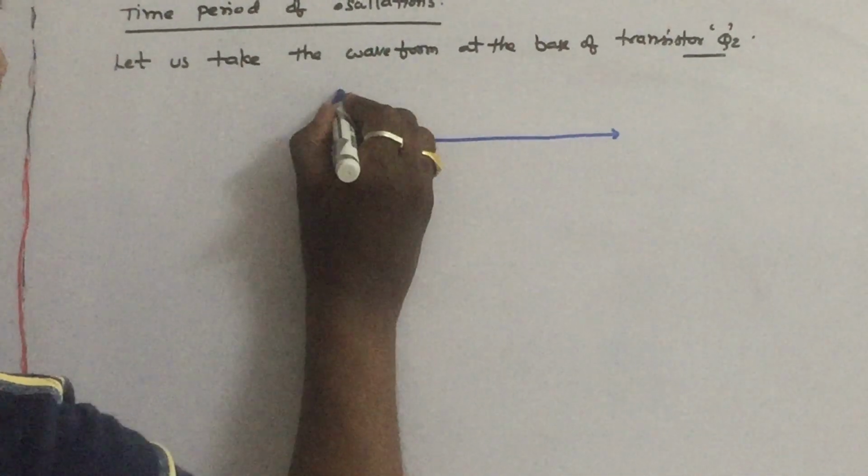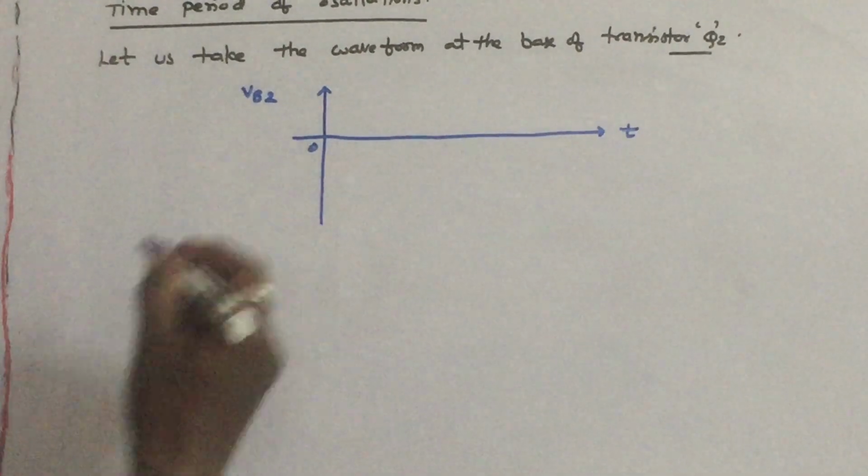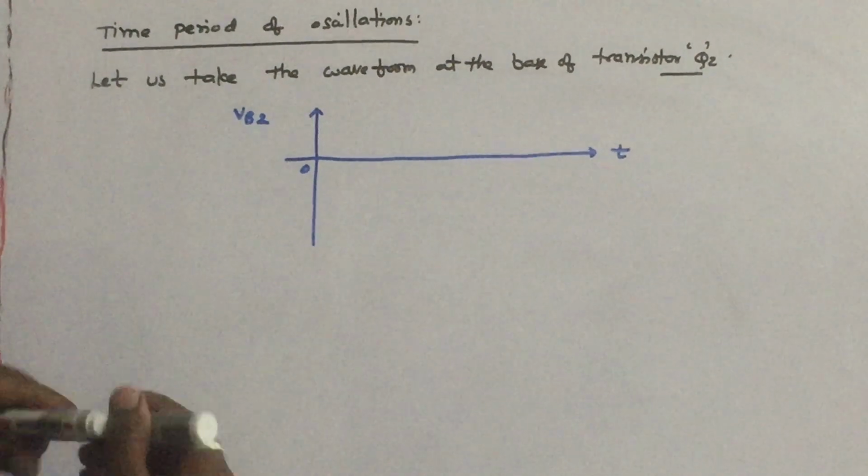So this is 0, this is the VB2 waveform. I am just drawing it. From this waveform we derive the time period of oscillations.